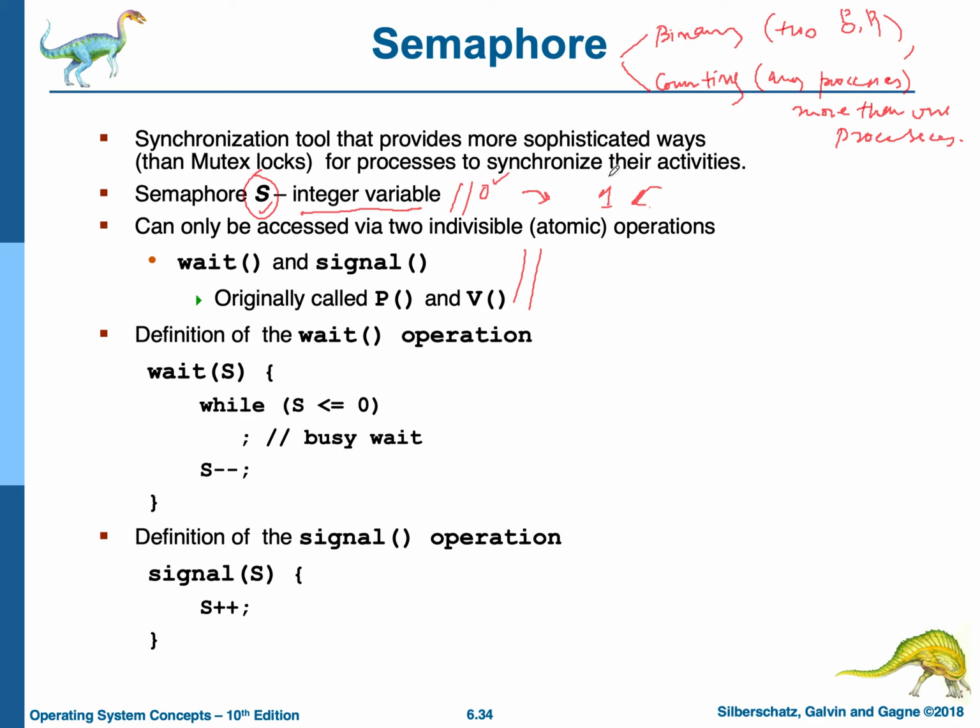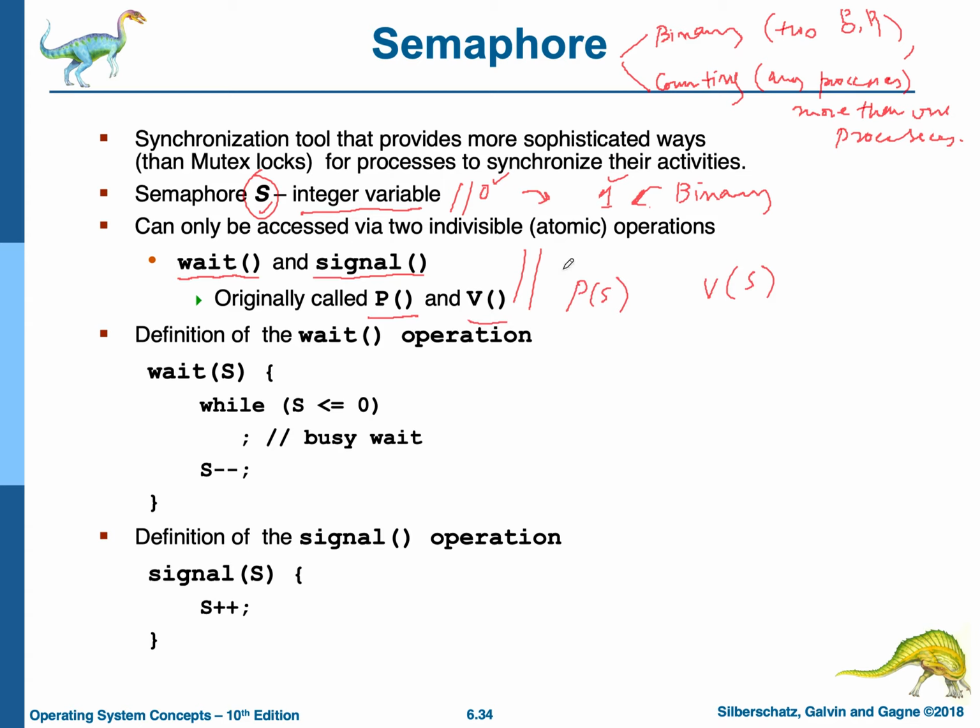Because there are two values of S, we say that it is a binary semaphore. Now this can be accessed by two operations, wait and signal. These operations are represented by P of S and V of S.